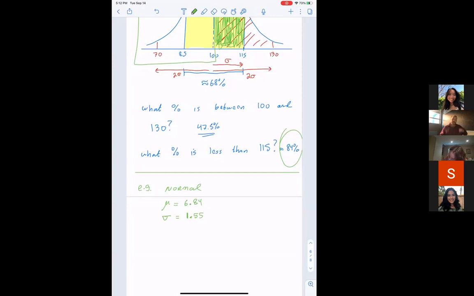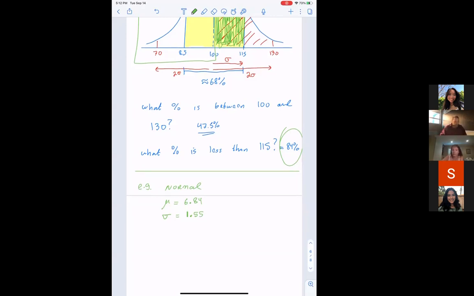And remember what I said before, mu and sigma, the mean and standard deviation, are all you need to uniquely determine the distribution. So between normal, mu, and sigma, I know what I'm talking about. I should be able to calculate everything. In fact, here's the question. Let's do this one.